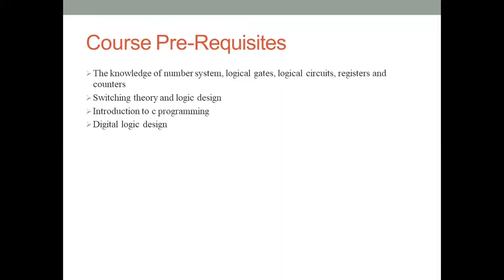Coming to the course prerequisites. There are certain prerequisites for this course. Under prerequisites, you need the basic knowledge of number systems, which you have already studied in your second year, that is switching theory and logic design, or the digital circuits, we say. All the combinational circuits like encoders, decoders, multiplexers, adders, subtractors will be very useful for the design of the arithmetic and logic unit.